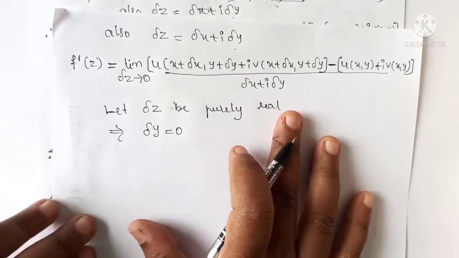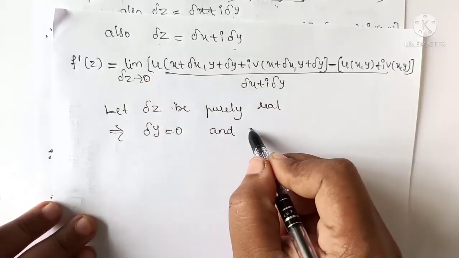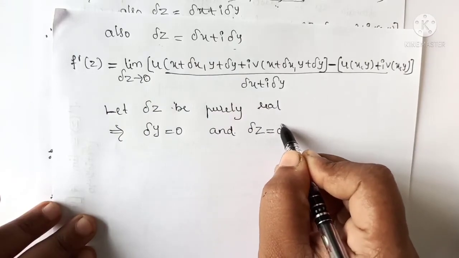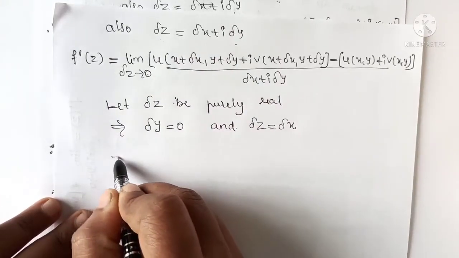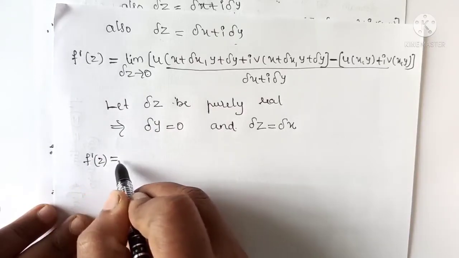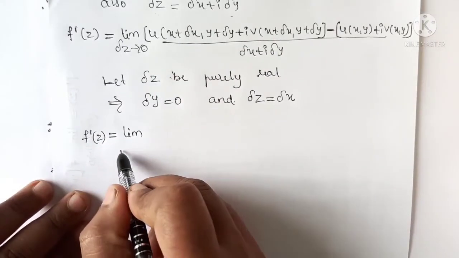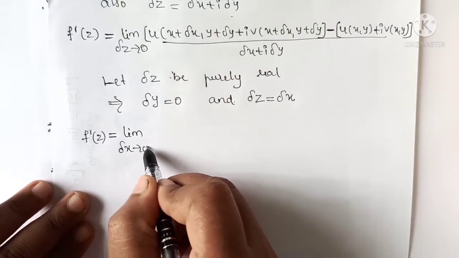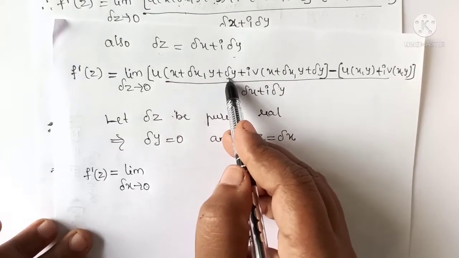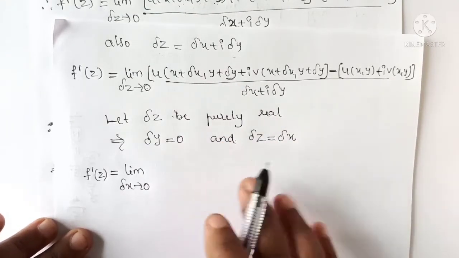So we get delta y equal to 0, then delta z becomes only delta x. Therefore this f dash of z becomes limit, in the place of delta z we get delta x tends to 0. So wherever we have the delta y part we put it equal to 0.